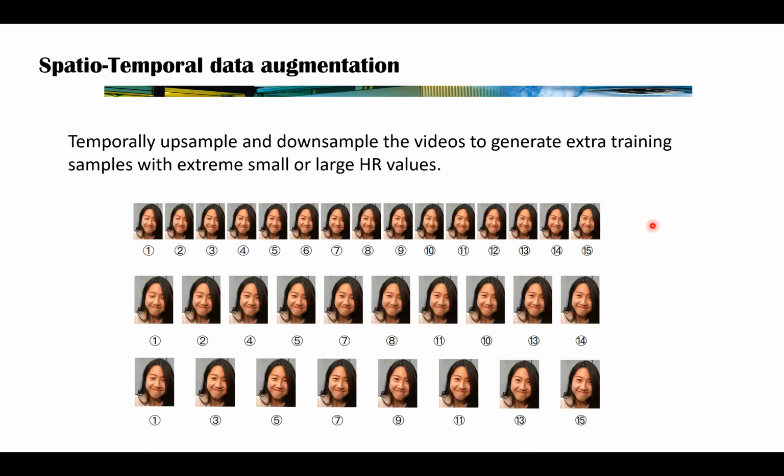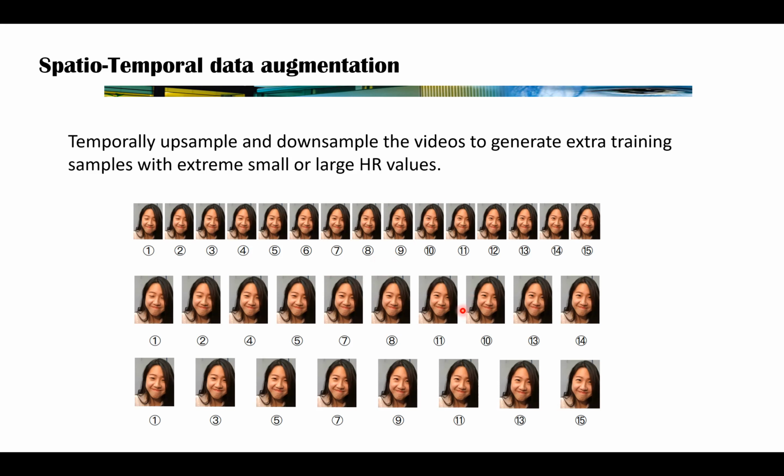Besides the spatial-temporal cutout, we also consider temporal upsampling and downsampling. For example, given a sequence in the second row, we can easily generate new samples with higher or lower heart rate values.